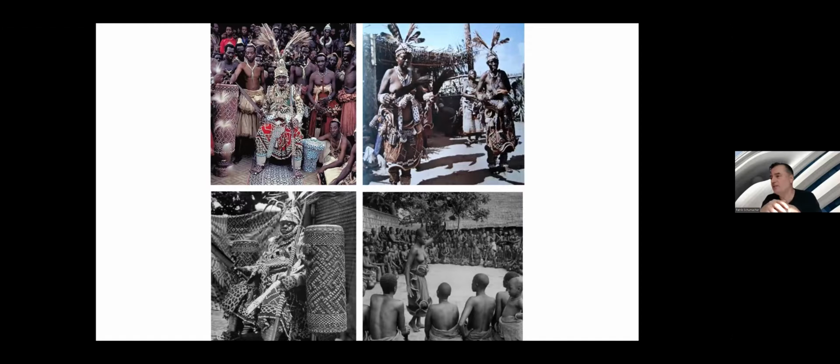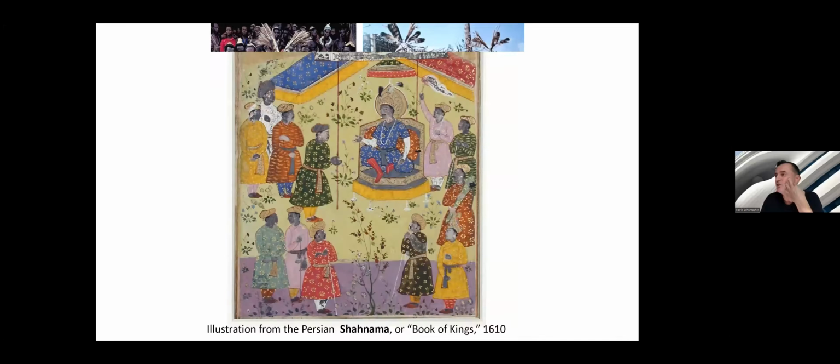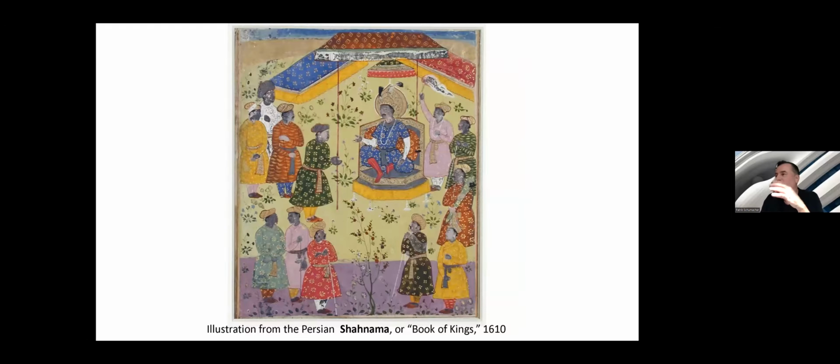I mean, the cost of these decorations is enormous with respect to the bone-breaking poverty of these communities, but they invest in this because it's an absolute sociological and social functioning necessity. Otherwise they wouldn't. That's not an excessive thing. Of course, it's a highly important condition. And you find that everywhere.